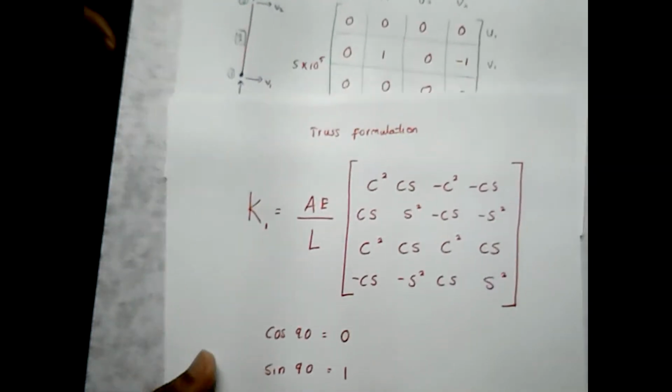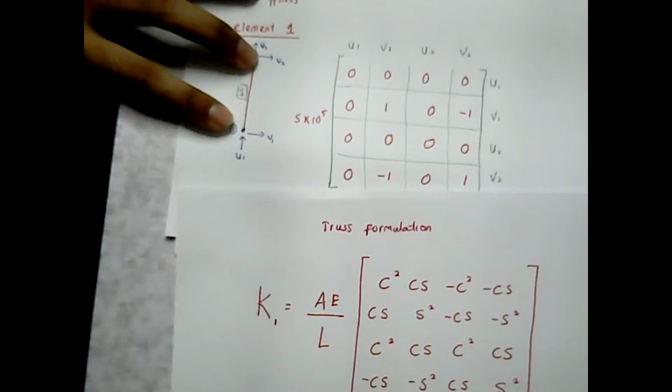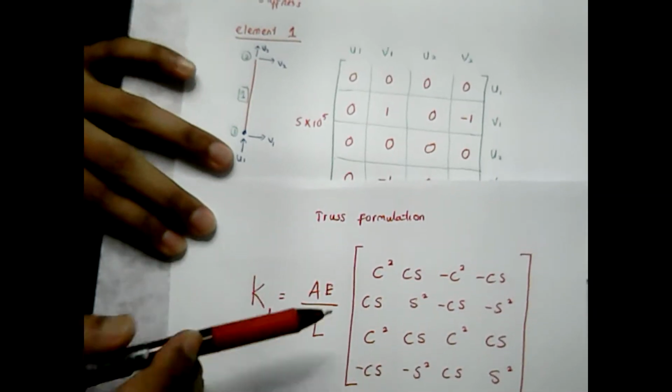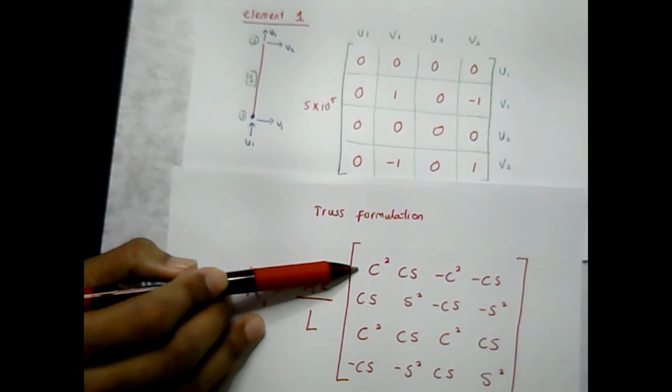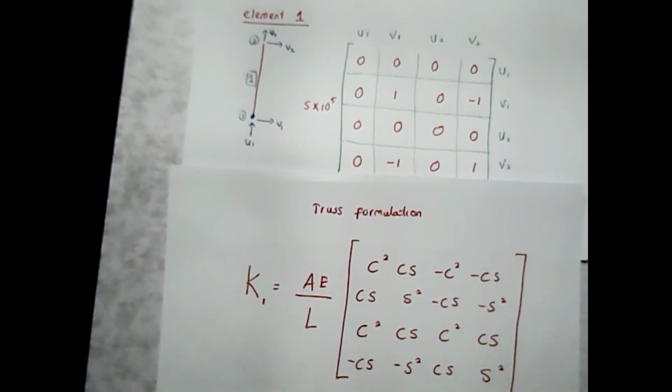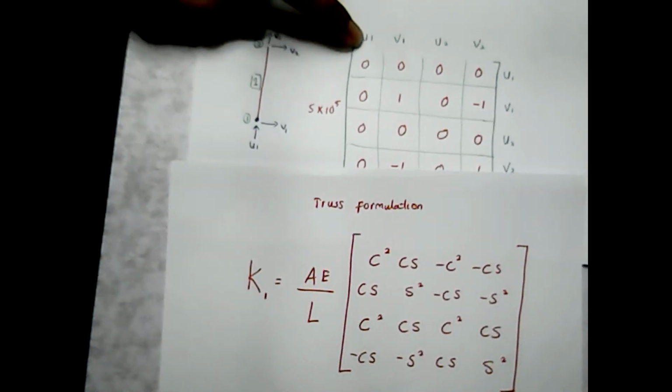Just to recall here, cos squared means 0, so that's why you get 0.